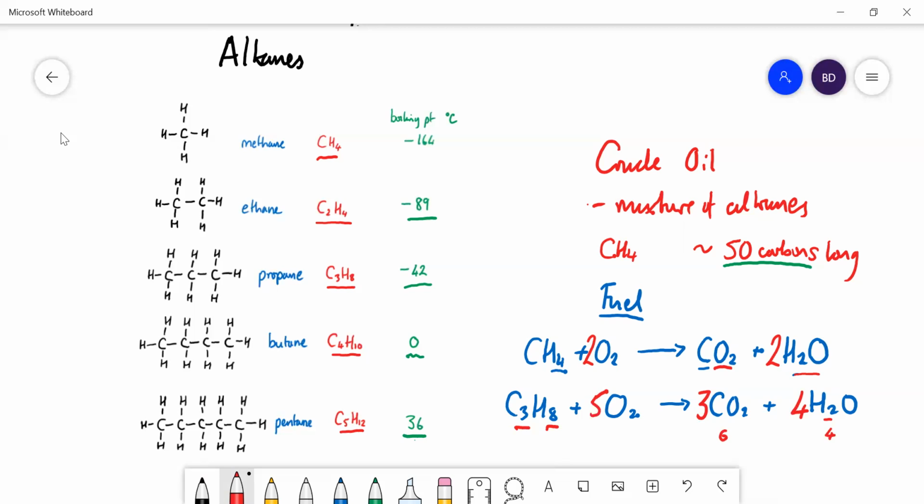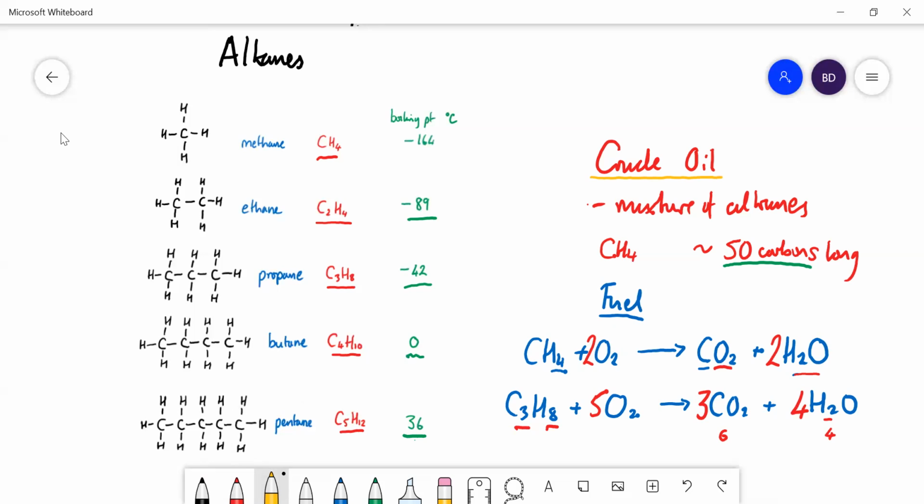Okay, so crude oil is a mixture of alkanes. They're all good fuels. You get a lot of energy out when you burn them, and that's what we use crude oil for mostly, as a source of fuels. But before we can use it, you've got to separate it, because, as you probably know, you can't put diesel into a petrol car, it will spoil the engine.